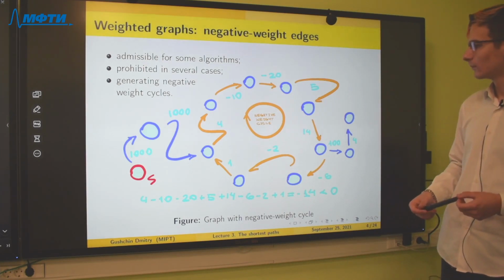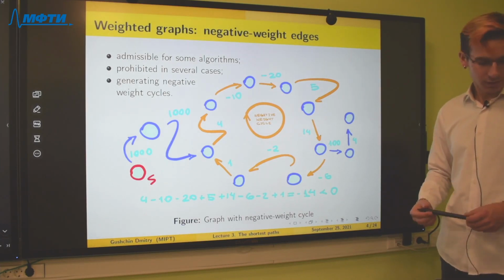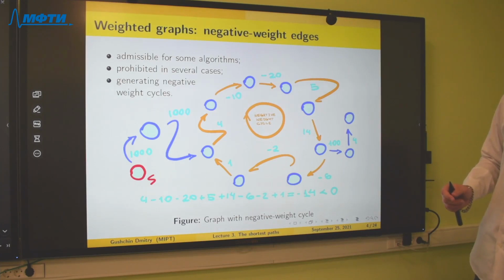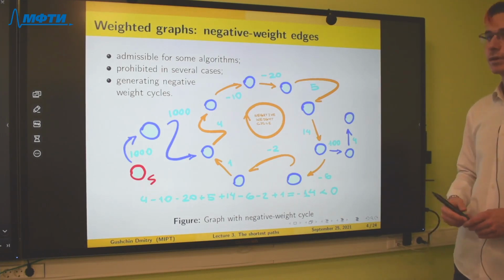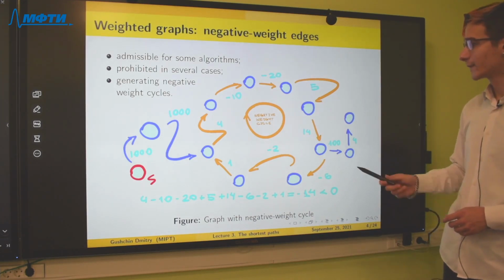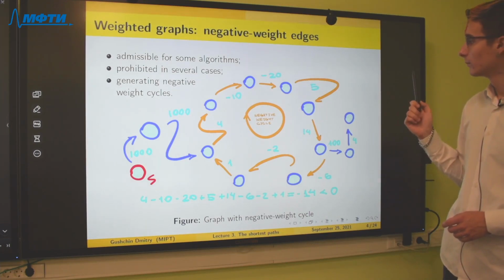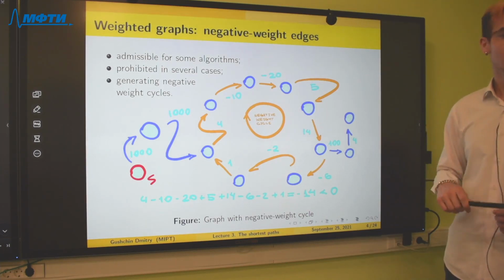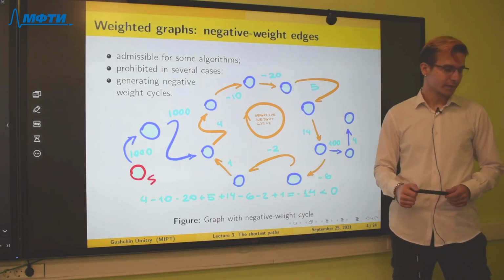Is it fine to have negative weight edges but no negative cycles? Yeah, of course, but we'll see that there are some algorithms that can be useful only with graphs with positive weights. Shortest path only for weighted graphs?